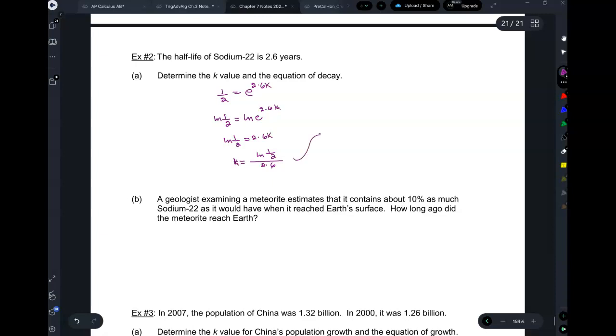Okay, so K is going to be negative 0.26659. Is that the final answer? No. The equation is y equals y naught e to the negative 0.26659 T.